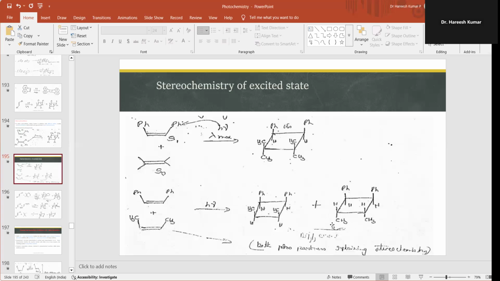That means a mixture of two products is obtained when we take two reactants that are cis or trans. In the previous one, one is a geometrical isomer, the other is a non-geometrical isomer. But in these two, both the reactants are geometrical isomers, and that's the reason two products are obtained.